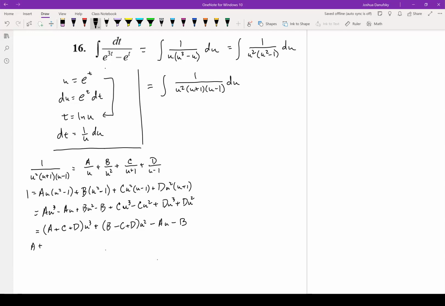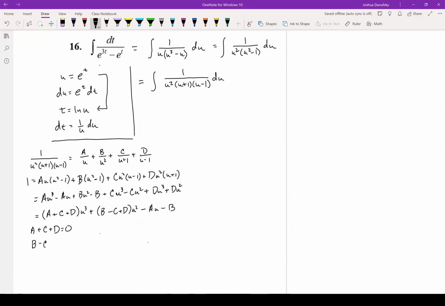So A plus C plus D equals 0. B minus C plus D is also 0. Negative A is 0. And negative B is equal to 1. So that means that A is 0, B is negative 1.